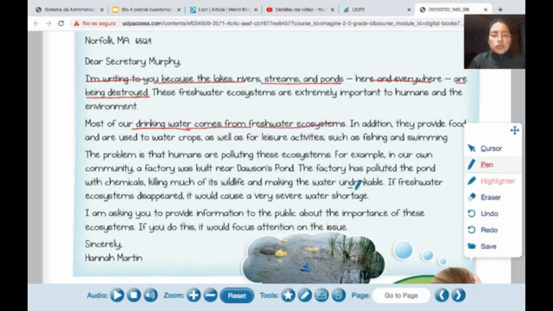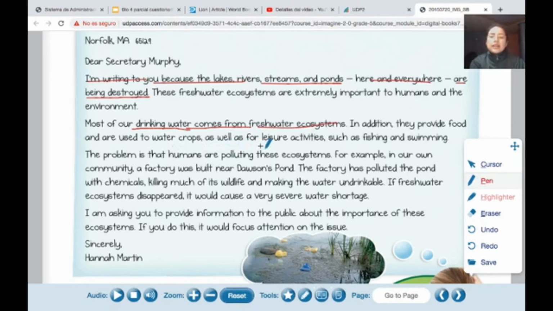It is so important because this is the reason. Esta es la razón por qué es tan importante cuidar de freshwater ecosystem. Now, in addition, they provide food and are used to water crops, as well as for leisure activities such as fishing and swimming.